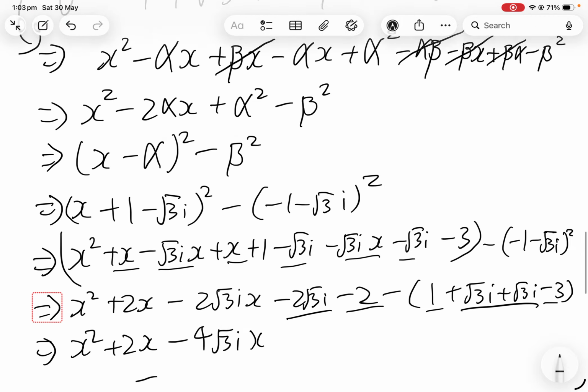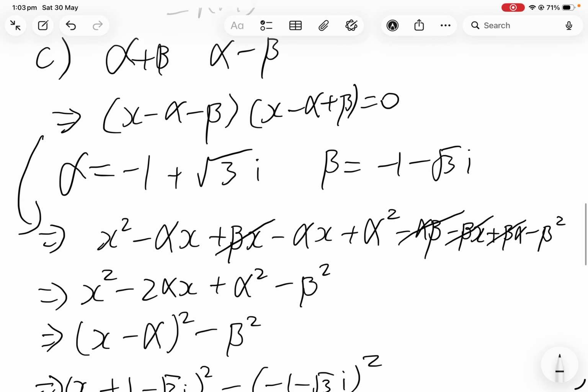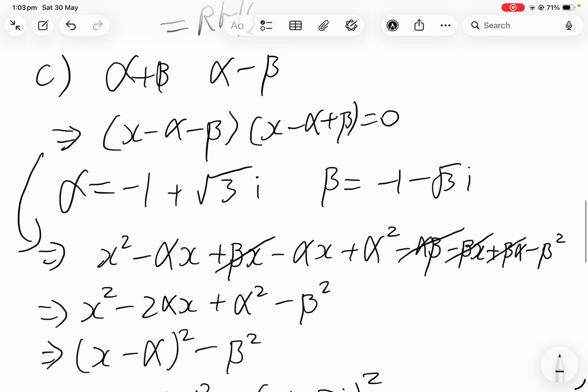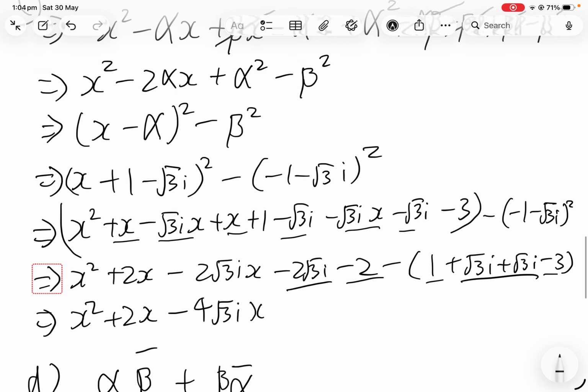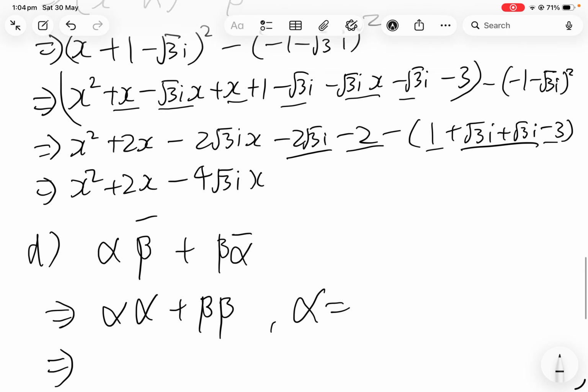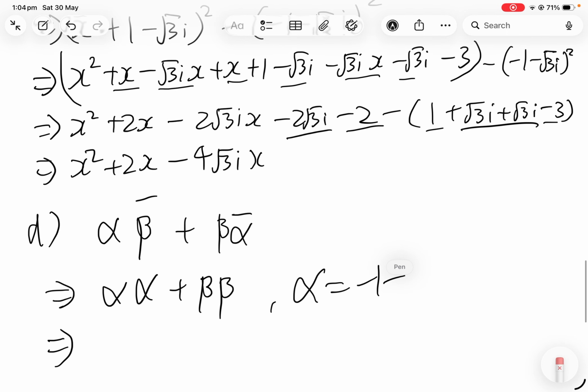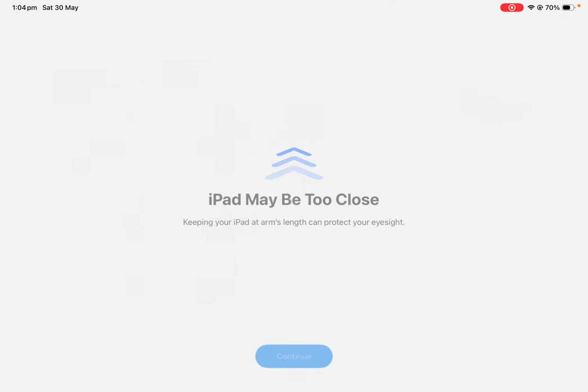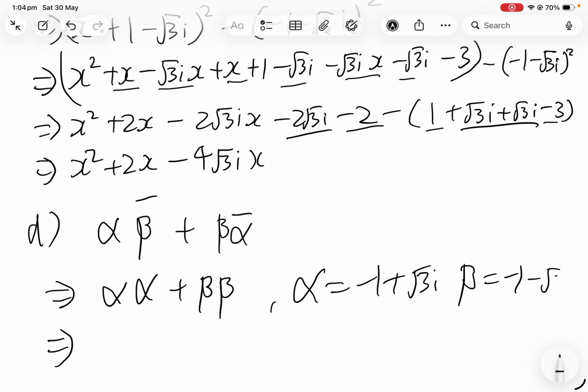Which should just be, alpha equals -1 plus, minus √3i.